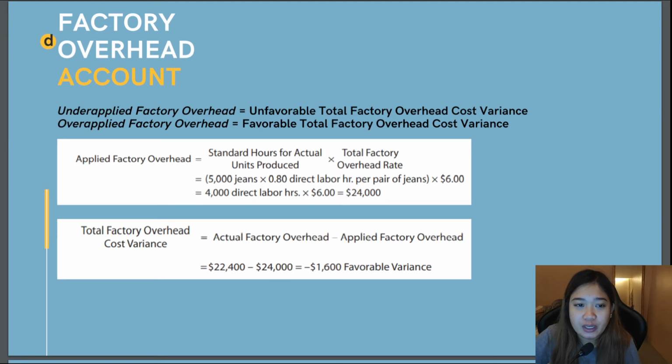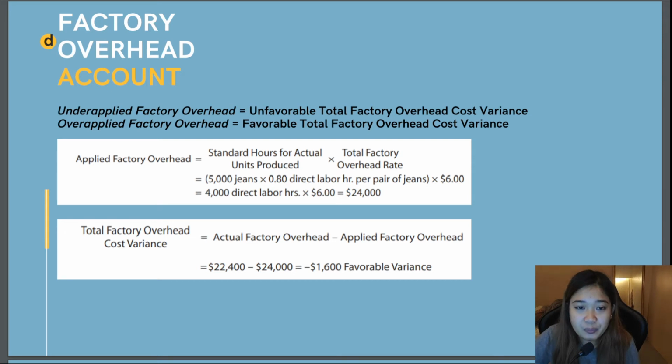To further illustrate factory overhead account, the applied factory overhead for Western Rider Incorporated for the 5,000 XL jeans produced in June is $24,000, computed as follows. Standard for applied factory overhead, standard hours for actual units produced times total factory overhead rate, which we have $24,000. For total factory overhead cost variance, we have actual factory overhead minus applied factory overhead. Then we come up with 1,600 favorable variance.